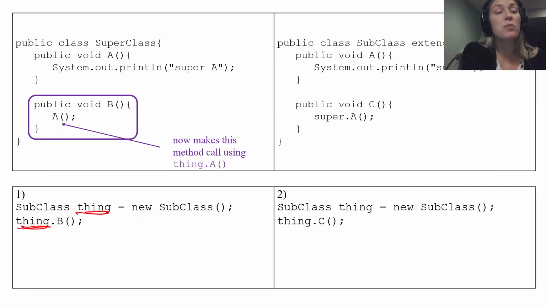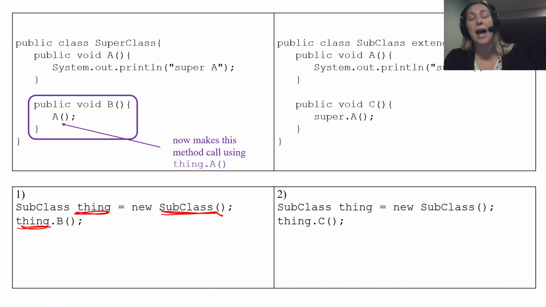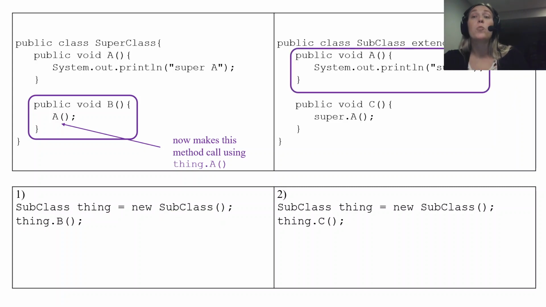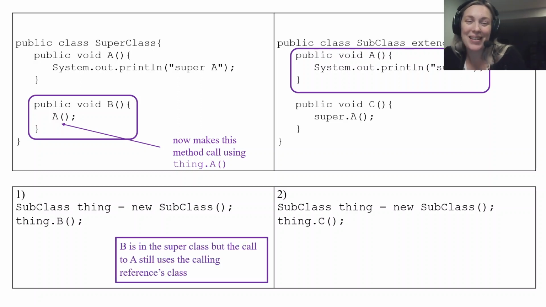Now because thing is run as a subclass, we go back to the subclass and we run that A method. B, we found B in the superclass, but because the call to A still uses the calling reference's class, we go back to the subclass and run that A method. So this prints off sub A.